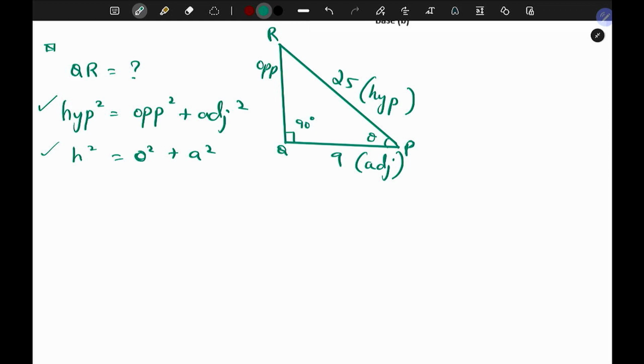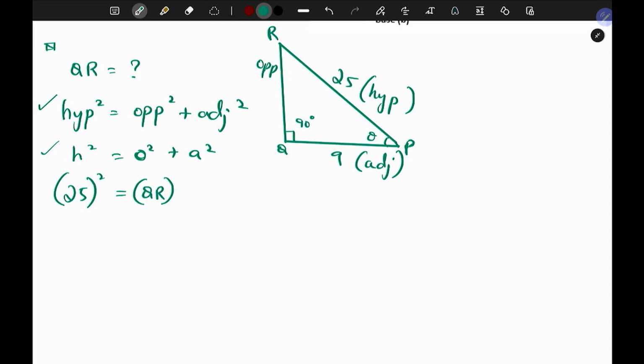Now let's substitute the values. Hypotenuse square. What is the hypotenuse? It is 25, so you substitute 25 with a square. That is equal to opposite square. Opposite is the value we don't know, so you can write it as O square, or in some problems they name the side QR, so you write QR whole square.